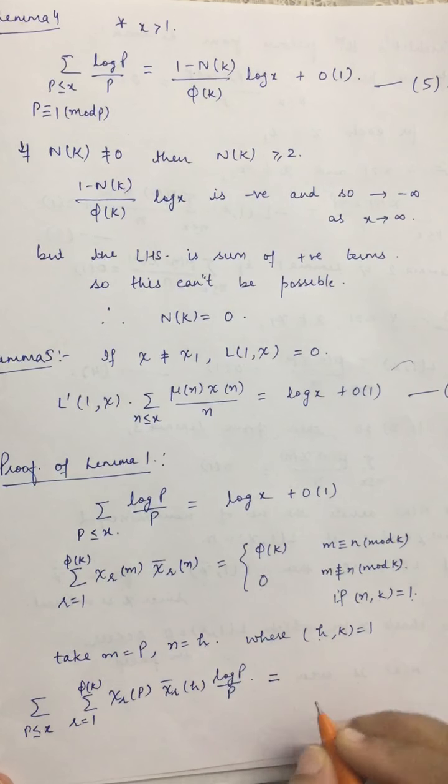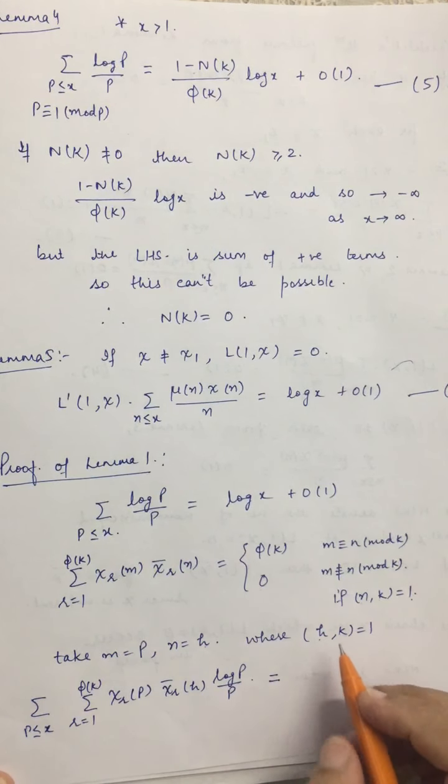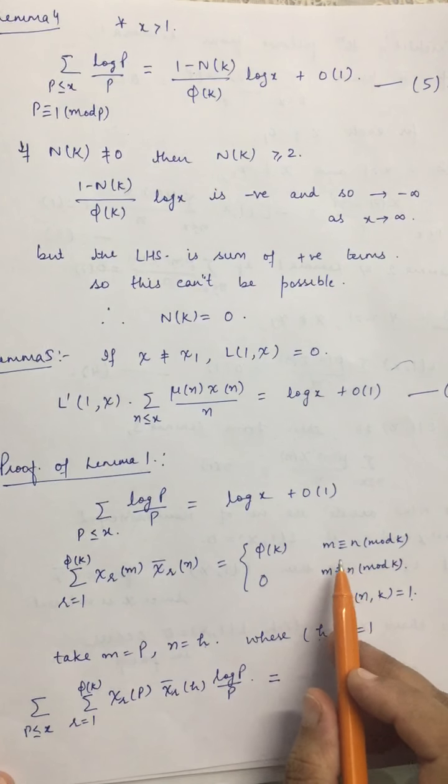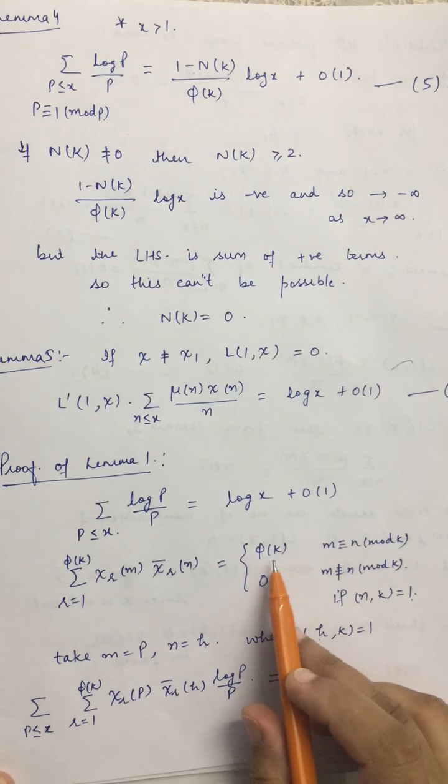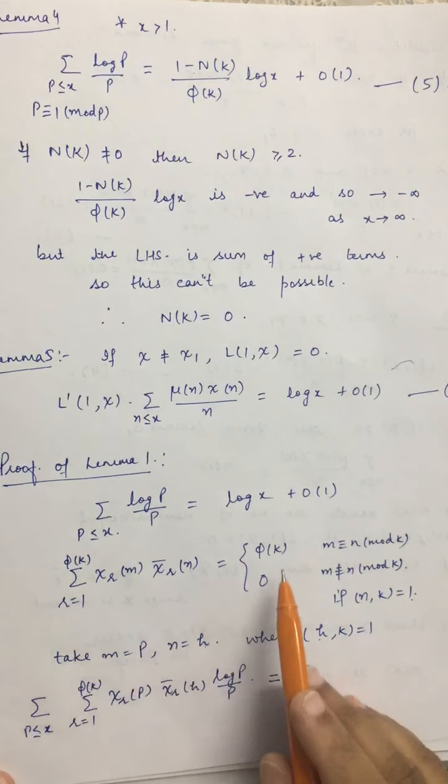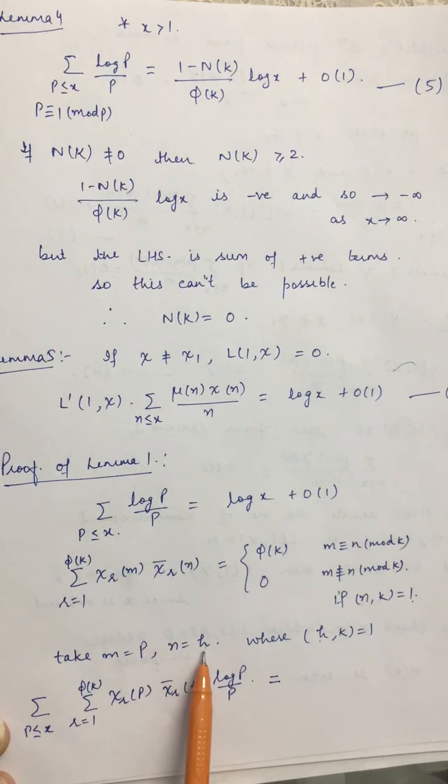Now it will be equal to, because we know whenever m is congruent to n modulo k this summation is equal to phi k, and when they are not congruent then it is 0, and we are taking m equal to p and n equal to h. So the primes less than or equal to x can be separated into two parts: primes which are congruent to h and primes which are not congruent to h. So this summation can be separated into two summations.